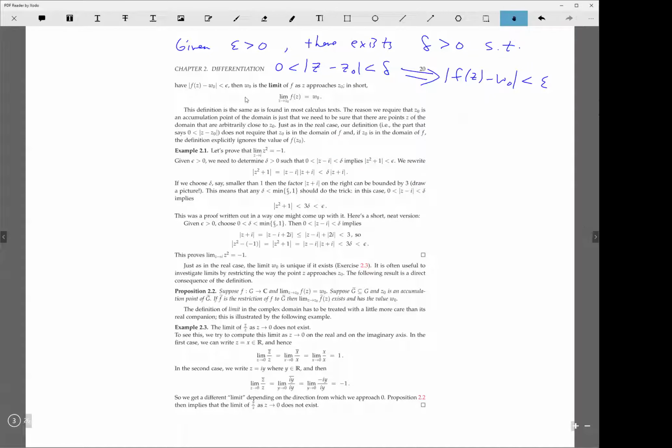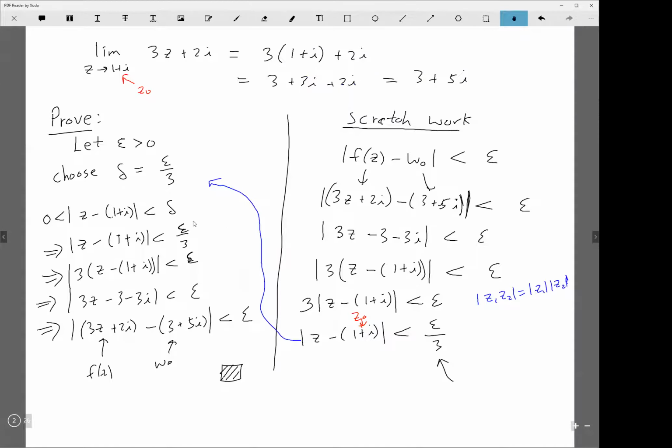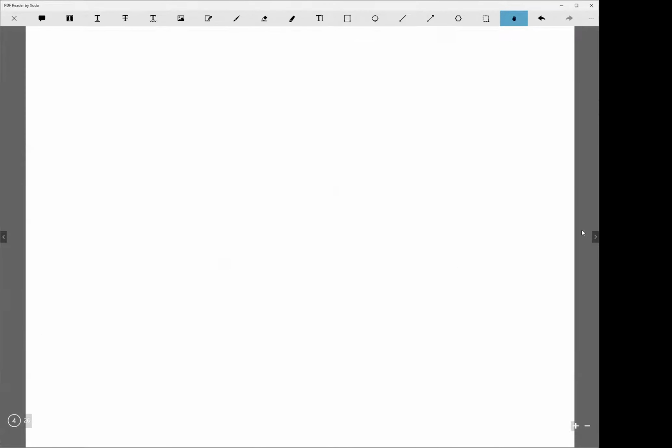Okay, I wanted to do one other problem. No space there though, darn it. Okay, right here, I wanted to show you another, just to kind of work this out.